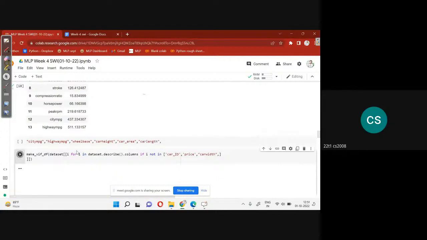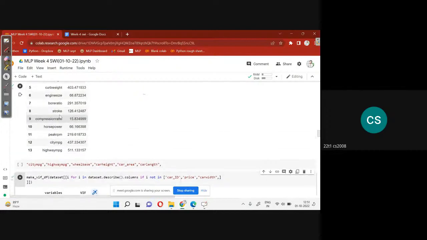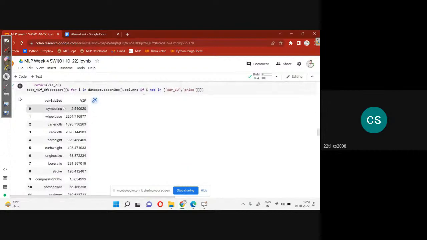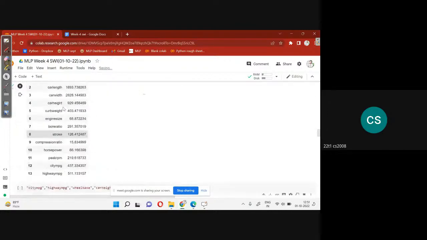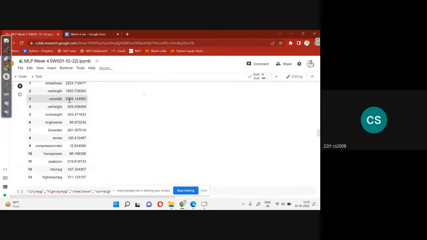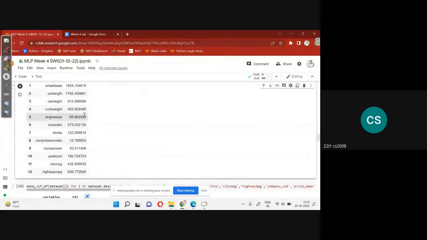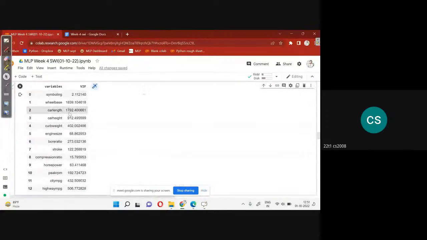Actually it's an iterative process. For the first one, we will again print this VIF data frame, and what we see here is that we just removed the car width. After that we got this table, and from this table we see which has the highest VIF value: wheelbase.